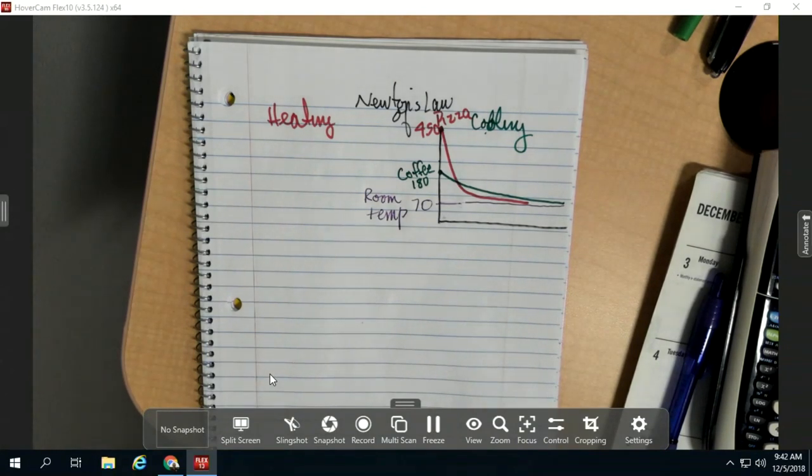Would you agree that even if the pizza were the same temperature as the coffee, the pizza would cool much more rapidly than the coffee does? Is there anybody that knows why coffee cools slower than pizza?